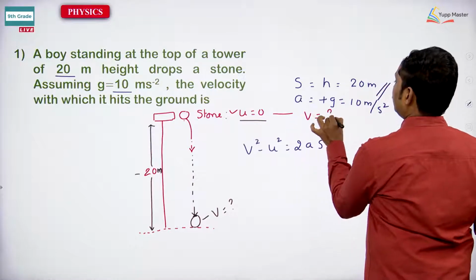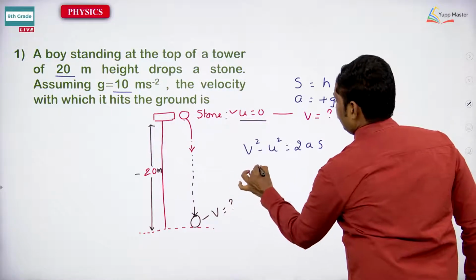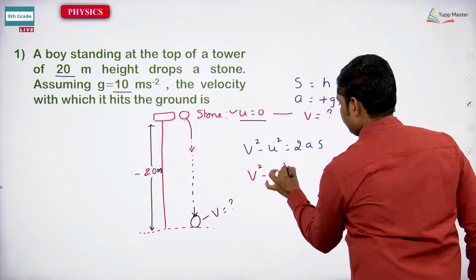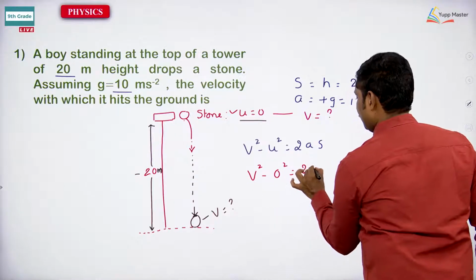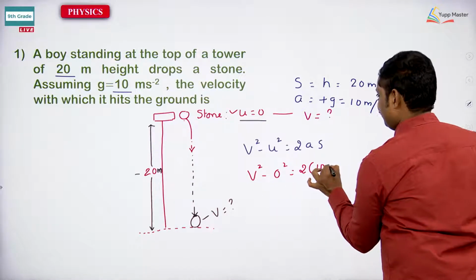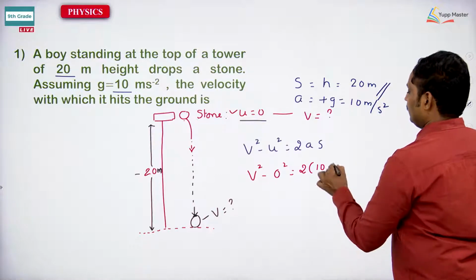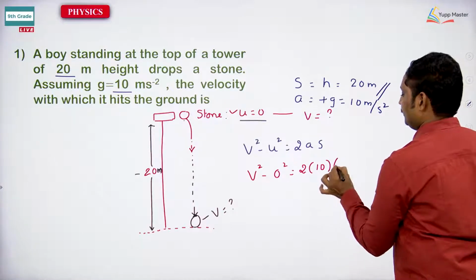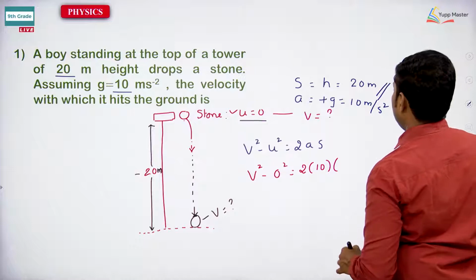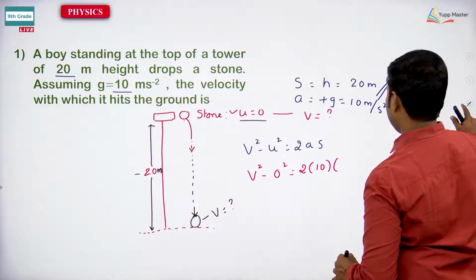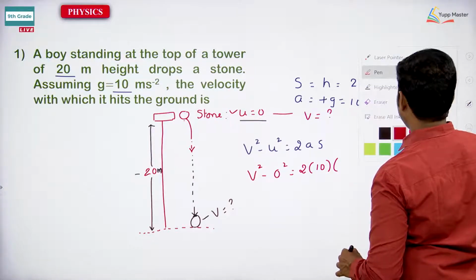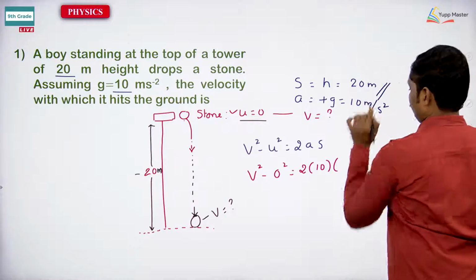v is going to be the unknown, therefore v square minus 0 square is equal to 2 into 10 into 20. Later you can take the units, no doubt at all.